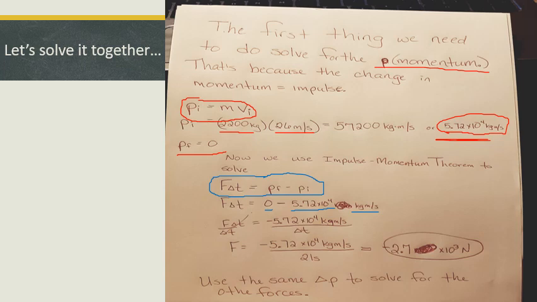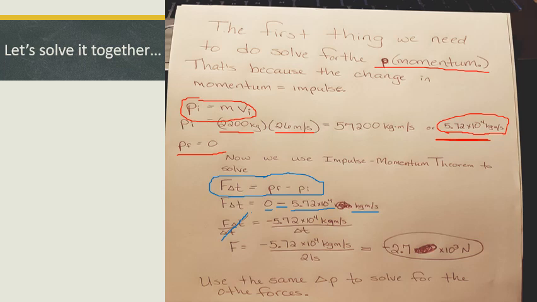Well, now I need to get force by itself, because that's the only thing I don't know. So I'm going to divide both sides by change in time. That's going to cross out. So now I have negative, because it changed to negative up here, 5.72 times 10 to the 4th kilogram meters per second divided by our change in time.